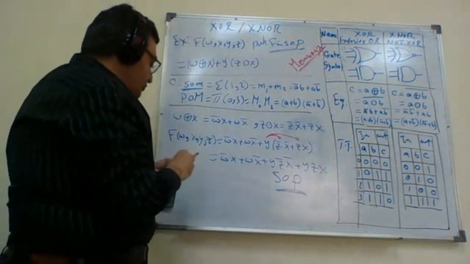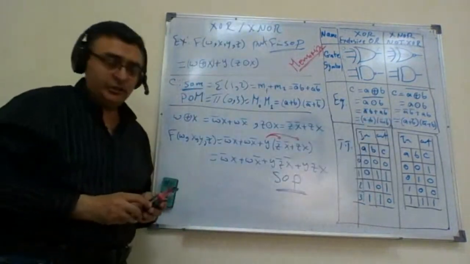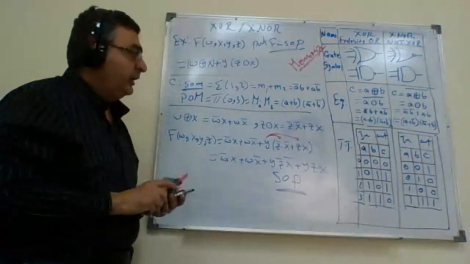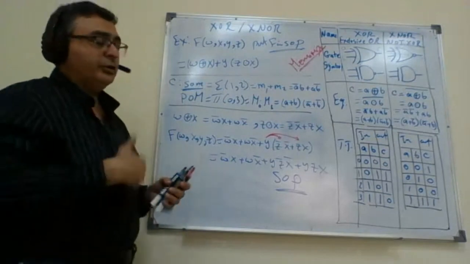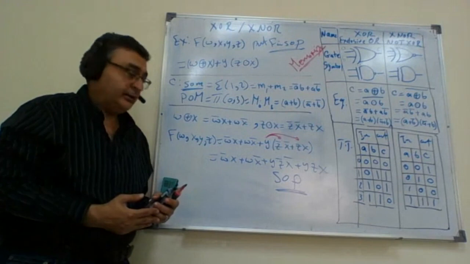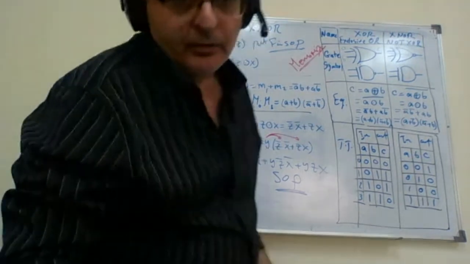These are only two-input XOR and XNOR. Inshallah, in the next lecture, we will learn how I can expand my knowledge of XOR and XNOR for more than that. Okay, thank you.